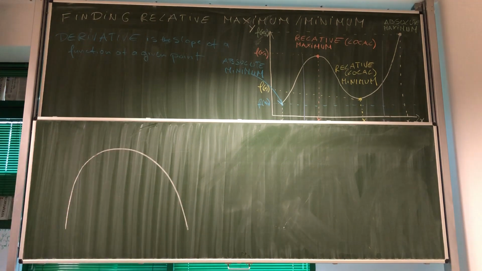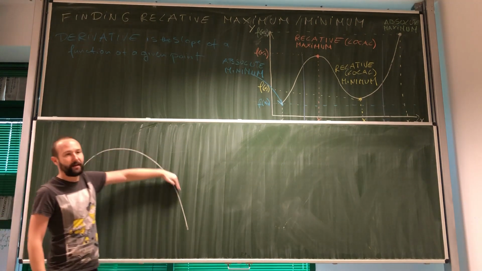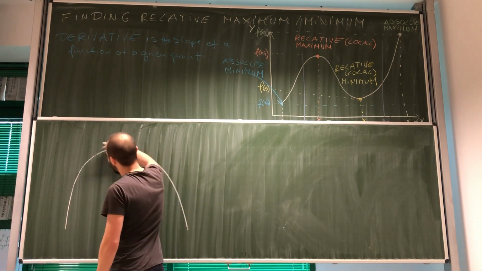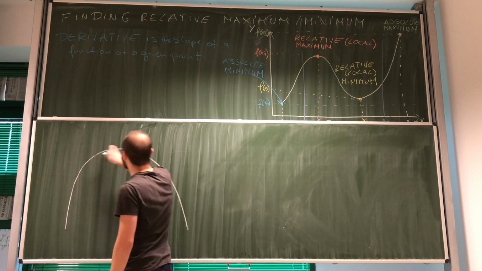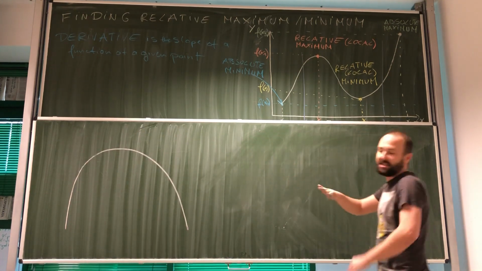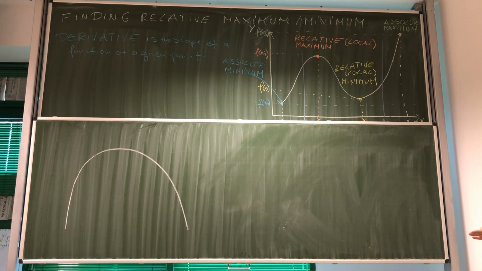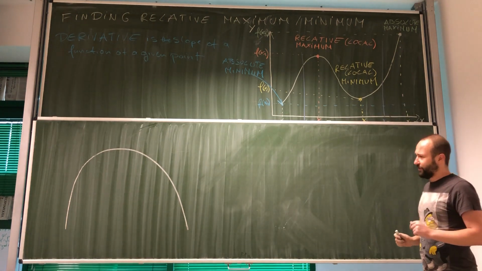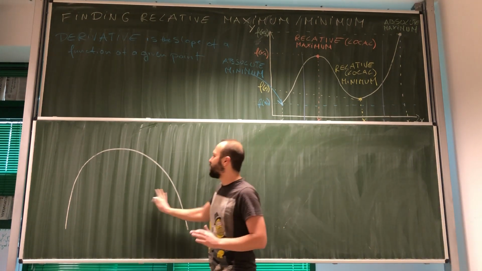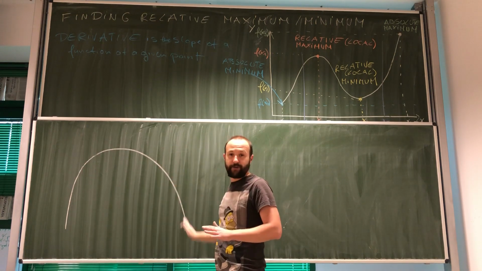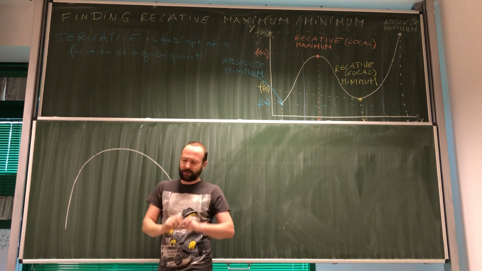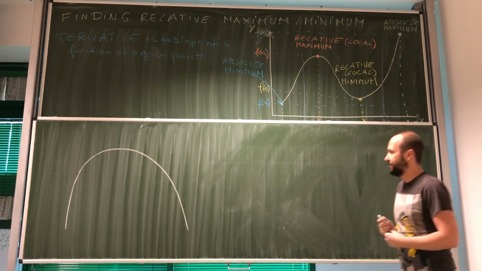Relative maximum will look like that. You can think of it as a hill, but a very, very slick hill, in a sense that it has no sharp edges. Or what I would prefer for you even to think of it as a cave. Very, very nice cave. Why? I will explain a little bit later.